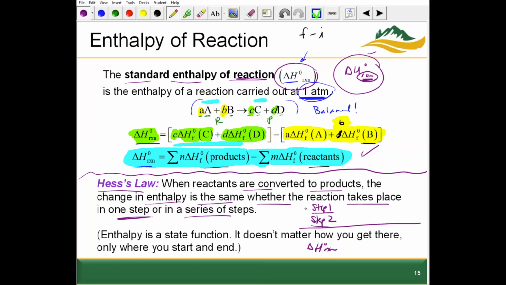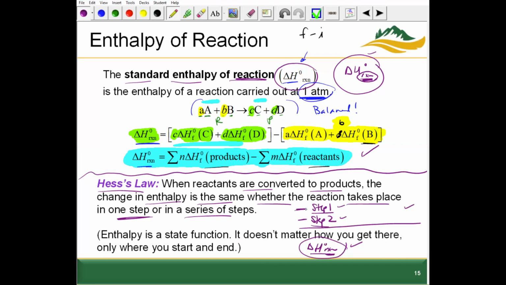So we take this information in step 1 plus this information in step 2. That's still going to give us our ultimate enthalpy or total enthalpy of the reaction that involves step 1 and step 2 added together. We'll see an example of this and we'll do a practice problem.